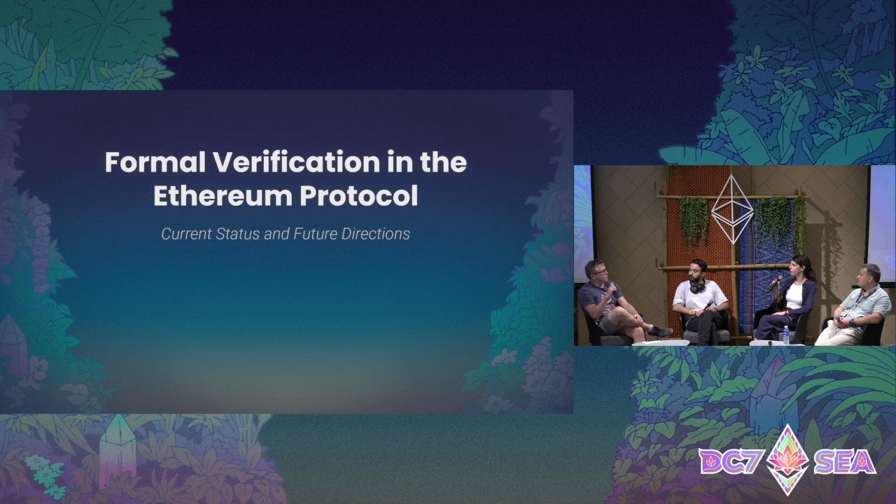Yeah, so for example, the Solidity compiler would be an example. There certainly have been a number of significant bugs in the compiler, and trying to eliminate that would be super helpful. Yes. And also, in terms of smart contracts themselves, there are a number of fundamental contracts, like the deposit contract, and I know there are a number of contracts coming out for the Pectra upgrade, for EIP 7002, for example. Those kinds of things are high-value targets.